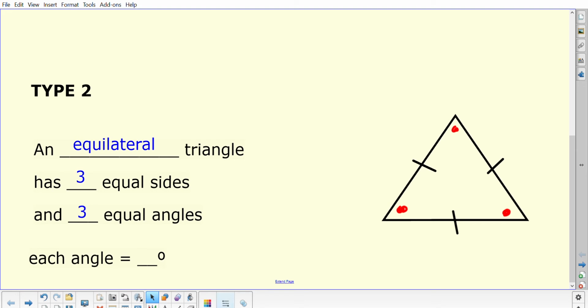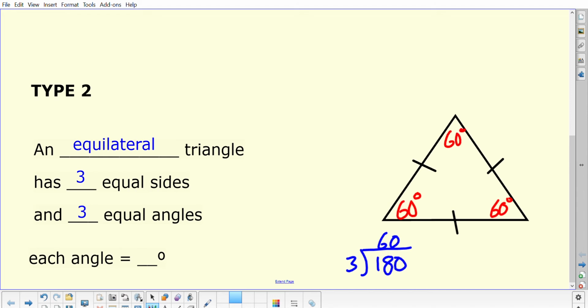Because all the angles are equal, what we can work out is the size of those angles. Because we know angles in a triangle add up to 180, if you divide 180 by 3, you'll get 60, and that tells you that all the angles inside an equilateral triangle are 60 degrees.